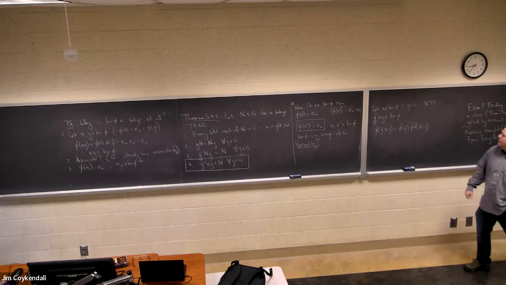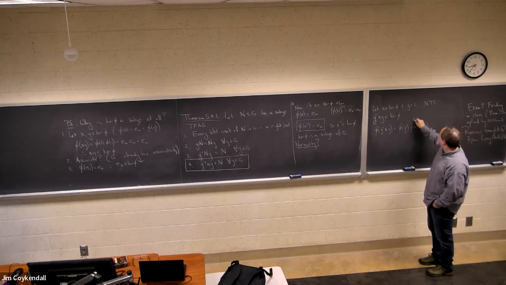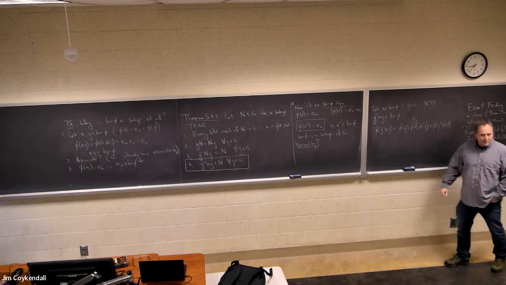That is correct. We assume that this is in the kernel of phi, so phi kills it. It reduces it to the identity. So another way to write this is phi of G inverse, identity of H, phi of G. Agree?